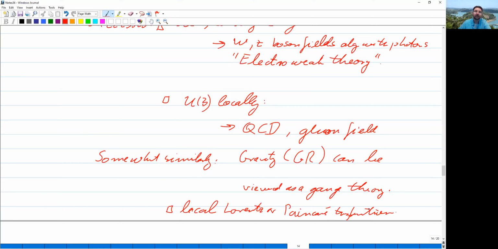And this is why it's only somewhat similar to what we had before, because now we are transforming under Lorentz transformations and Poincaré transformations. This is not an internal symmetry, that's an external symmetry. That's a symmetry of space-time. And notice how weird it is to do local Lorentz transformations. Ordinarily, when you Lorentz transform, you transform everything everywhere the same way. But if you allow yourself to do locally different Lorentz transformations, you can do that at the expense of having to introduce gravity.